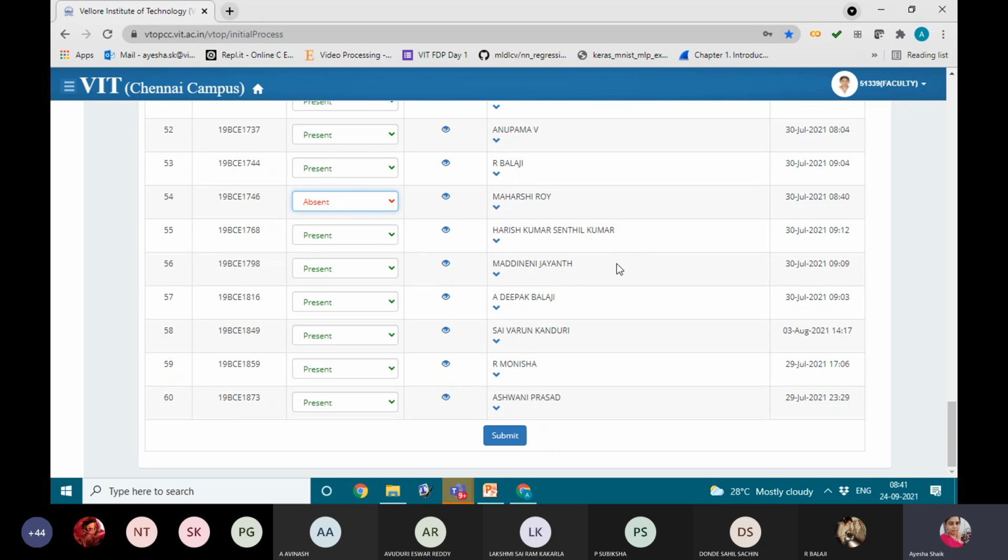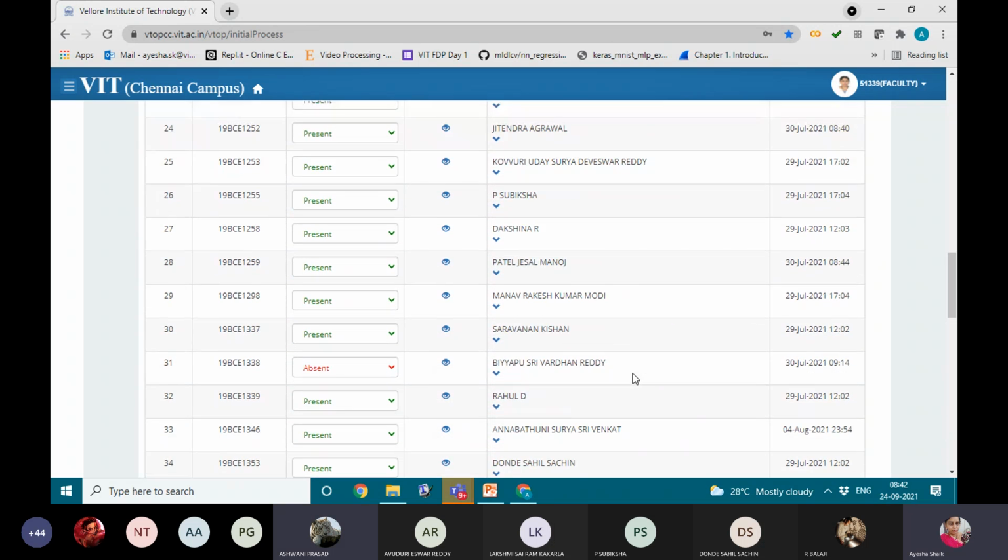Harish Kumar, present. Jayant. Deepak, present. Sai Varun, present. Monisha, present. Ashwani Prasad, present.